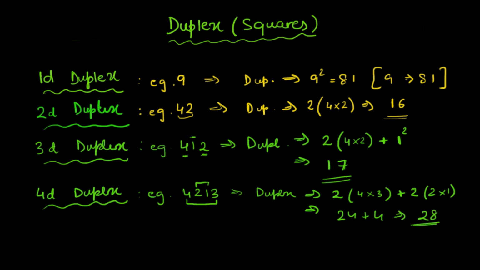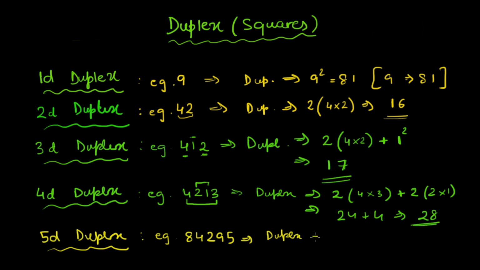And lastly, I would just end it with 5-digit, because it's very rare that you come across any 6-digit square. So the duplex for a 5-digit number, let's say for example we have 84295, would be 2 multiplied by 8 into 5, plus 2 multiplied by 4 into 9, plus the middle number squared.